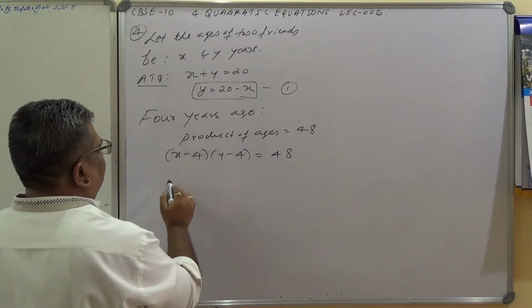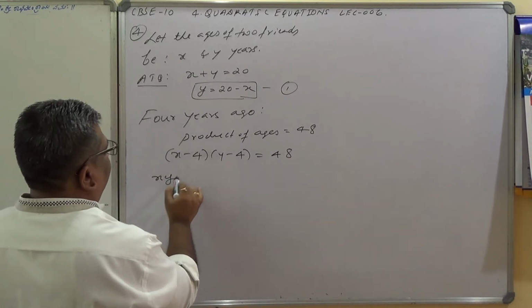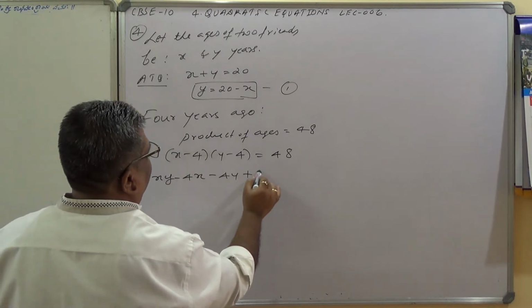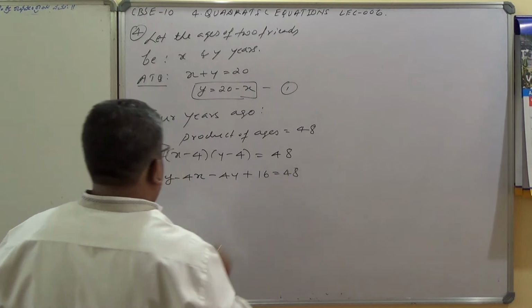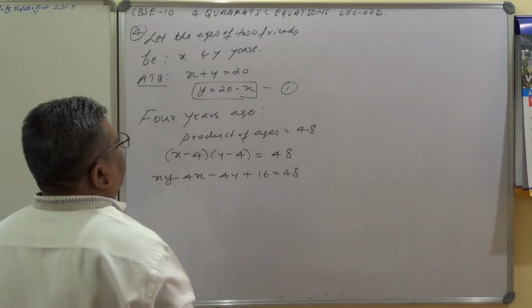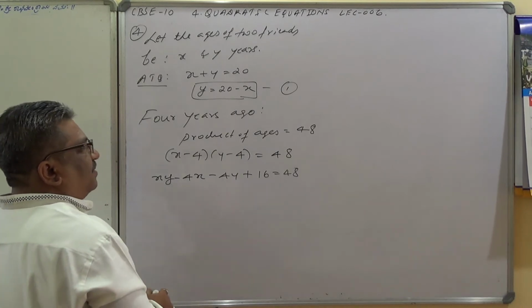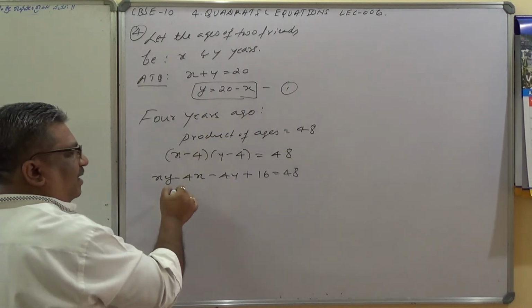So let us solve this one. xy minus 4x minus 4y plus 16 equals 48. Okay, substitute y equals 20 minus x in this equation. I am substituting y equals 20 minus x in this equation.